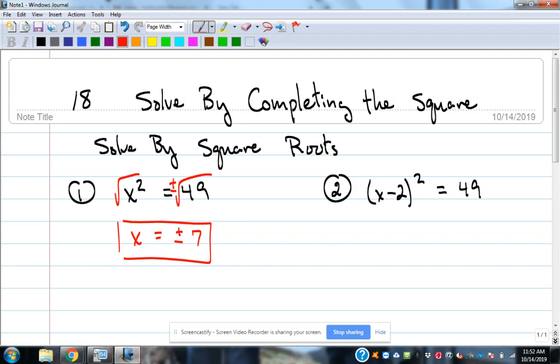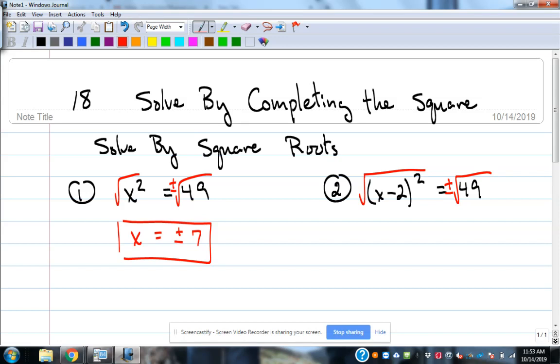So that squared part is by itself, and you've got a number on the other side. To get rid of this squared here on that side, what's the easiest way to undo squaring something? Take the square root. So if I take the square root of that side, what do I have to do to the other side? Take the square root, right? Same thing has to happen on both sides of an equation.